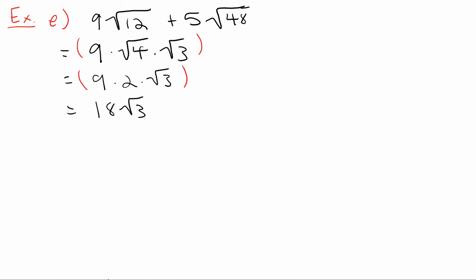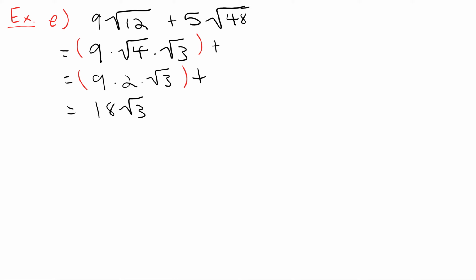Now we're going to move on to the next mixed radical that we want to simplify, which is 5 root 48. So we want to look at 48 and look at the factors of that and see what we can rewrite that as. We have a perfect square, and we realize that 16 times 3 gives us 48.